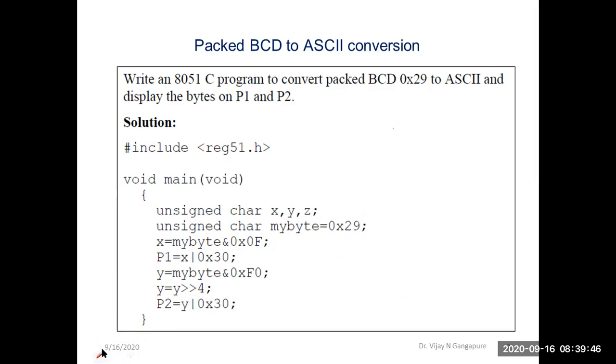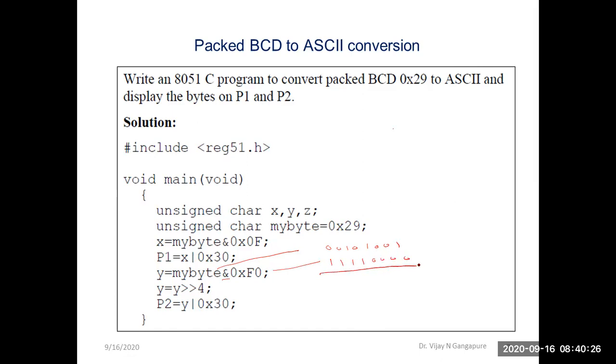Now the second number. Here y is equal to my byte ampersand 0xf0. What is in my byte? My byte has 0x29, a packed BCD number. We are bitwise ANDing it with 0xf0. My byte is 00101001, and f0 is 11110000.